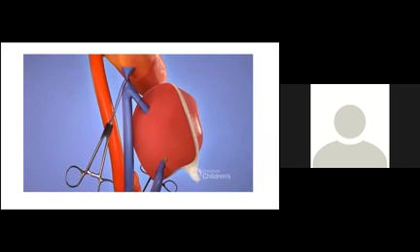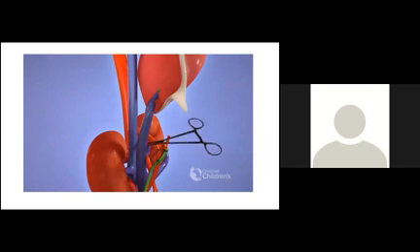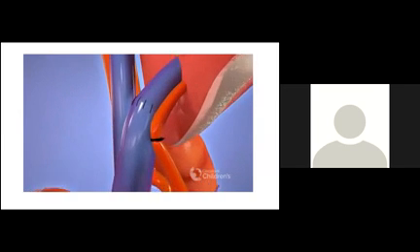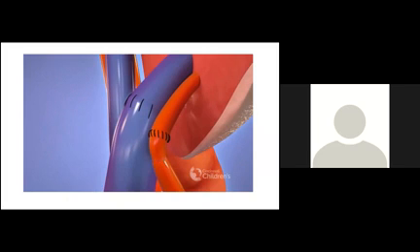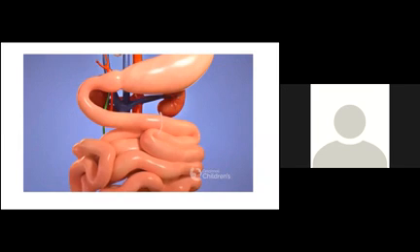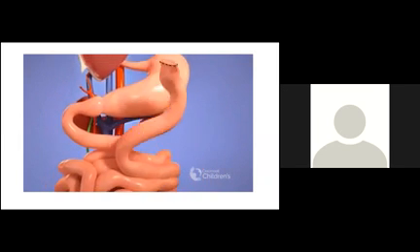Flow is restored to the graft. The hepatic artery is connected, often using the operative microscope. Lastly, the bile duct is connected to a segment of bowel.